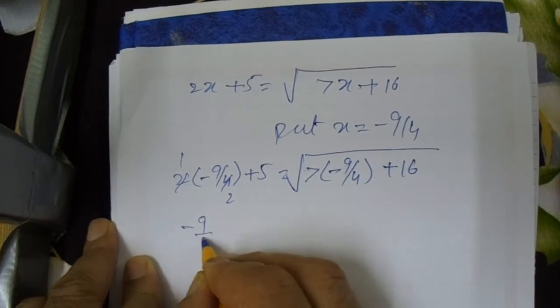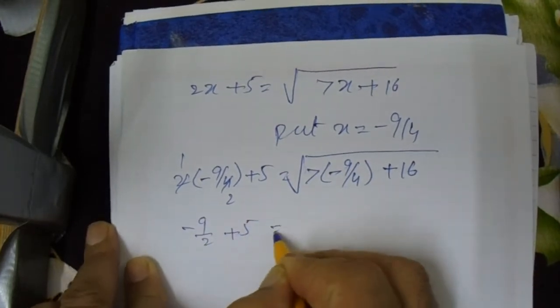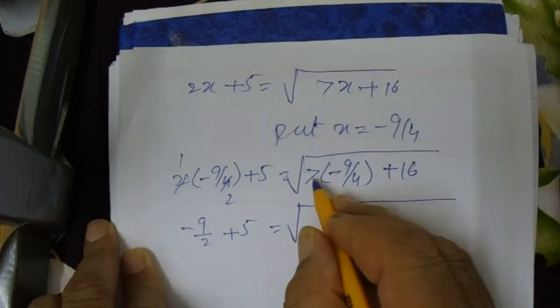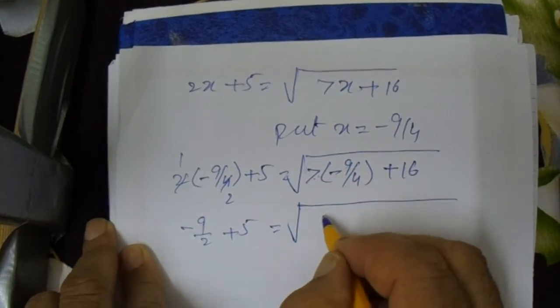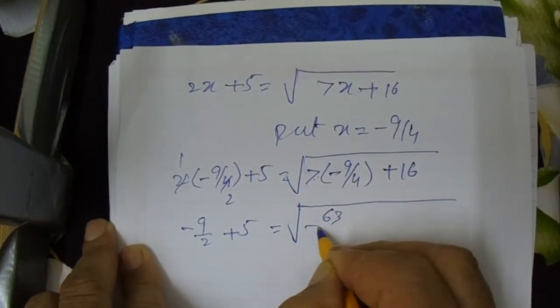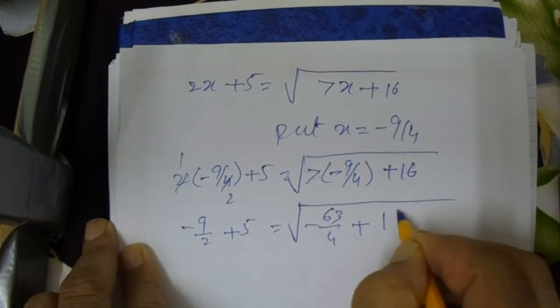Minus 9 by 2 plus 5 is equal to under root, 7 9s are 63, minus 63 over 4 plus 16.